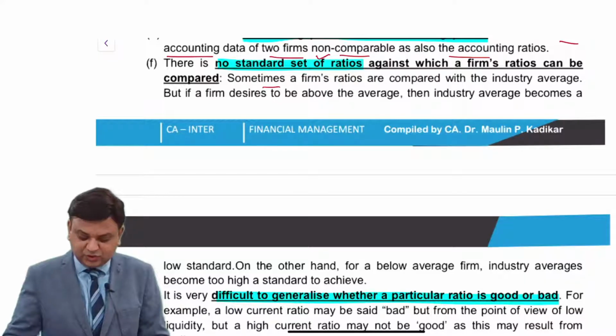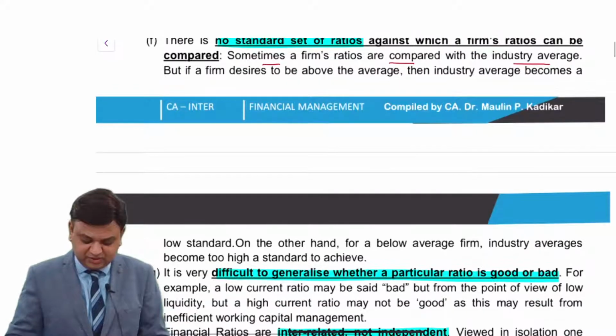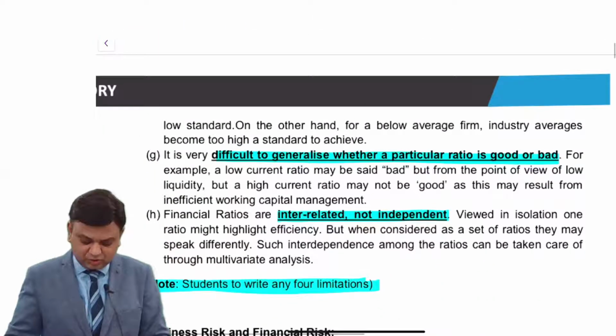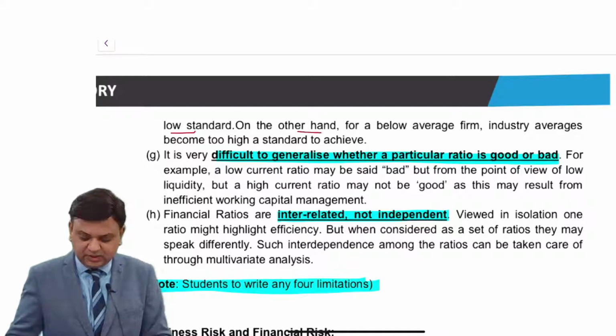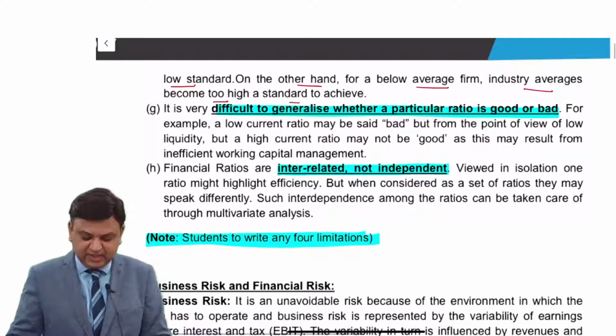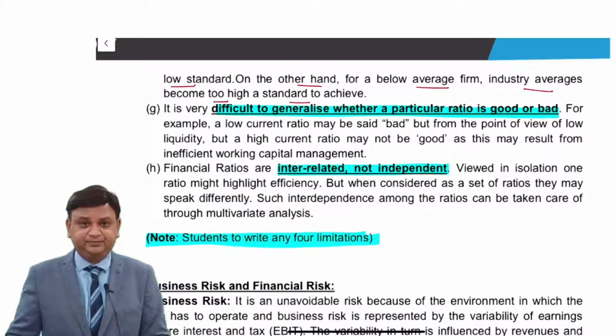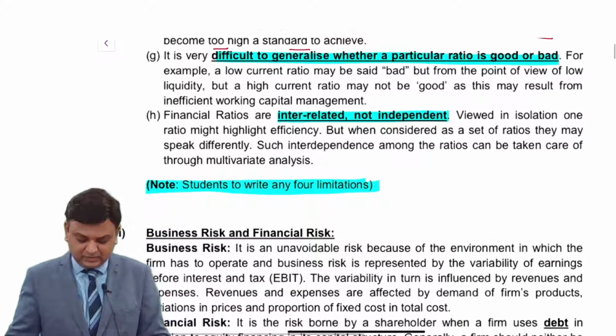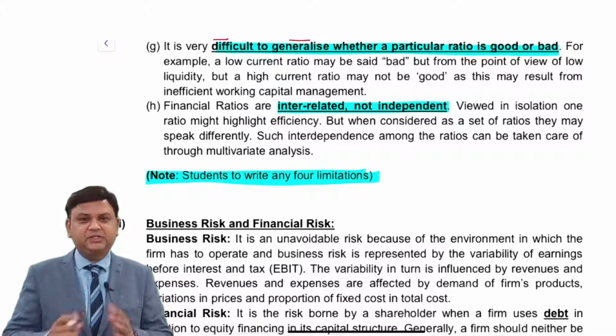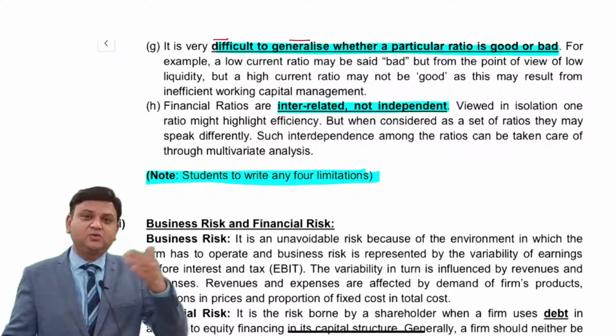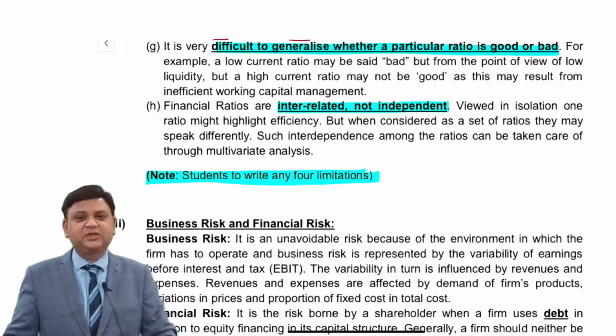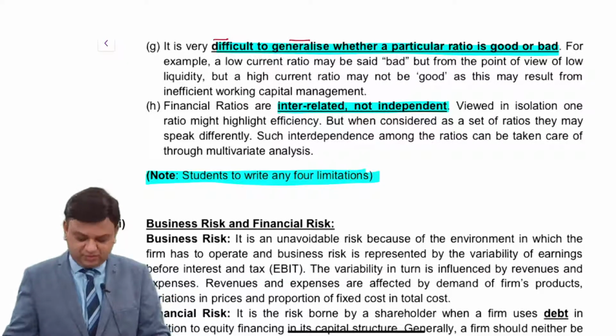Sometimes a firm's ratios are compared with the industry average, but if a firm desires to be above average, then the industry becomes a low standard. On the other hand, for a below average firm, the industry average becomes too high a standard to achieve. I would say, friends, that any ratio which is near to the industry average is considered to be a fair ratio.